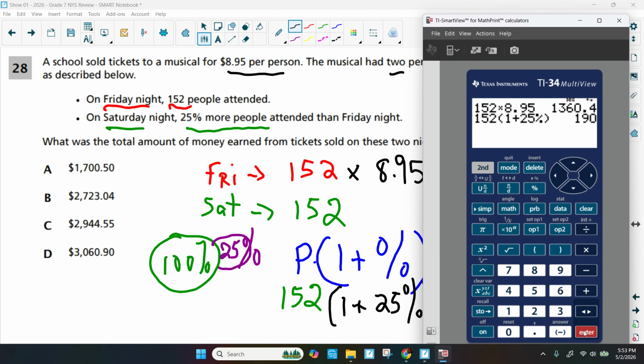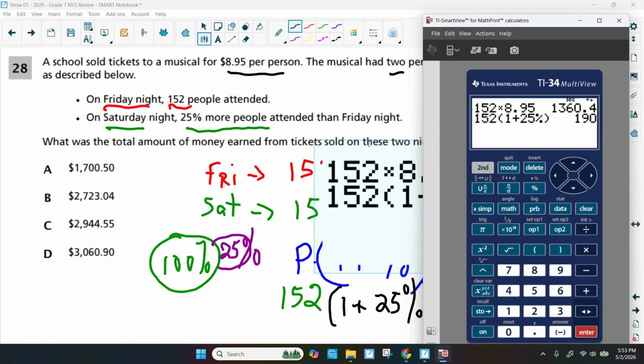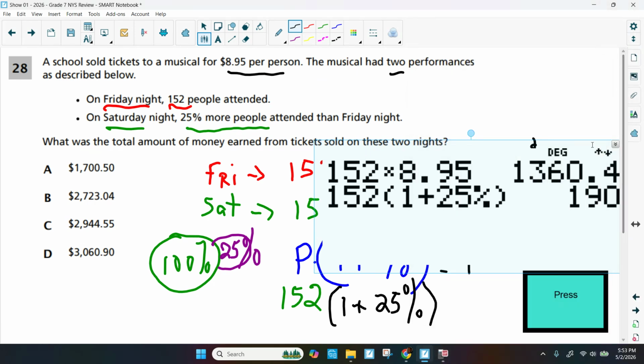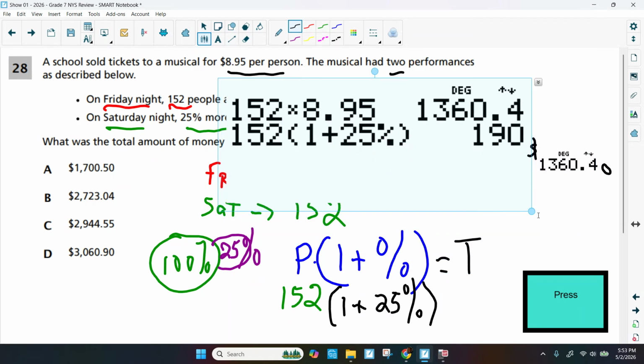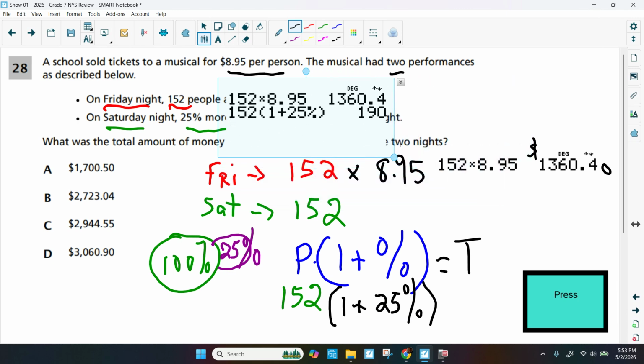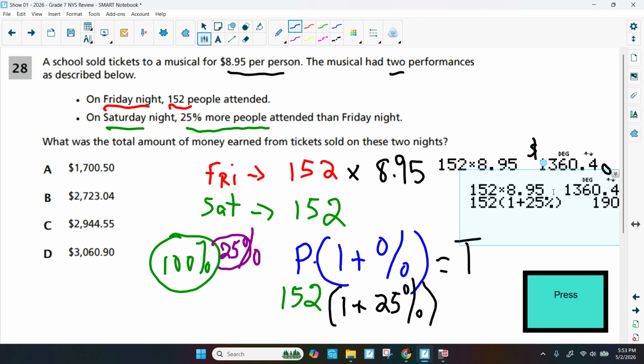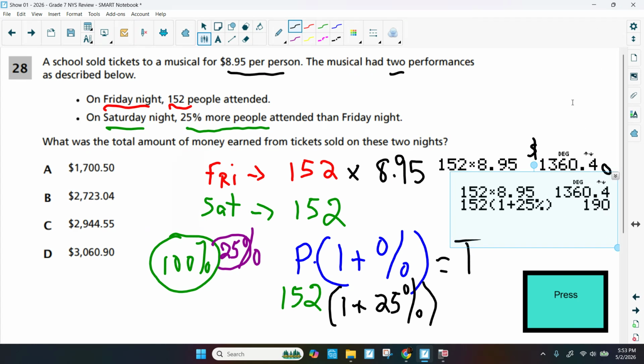So this is a percent increase. So in other words, on Friday, they just had 190 people. So let me pull that out and make it smaller and see where I can shrink this and put that over to the side here. So they had 190 people.